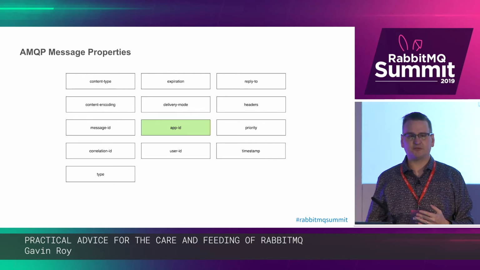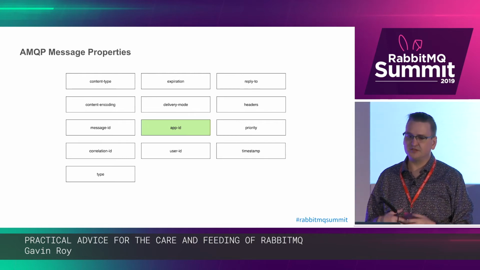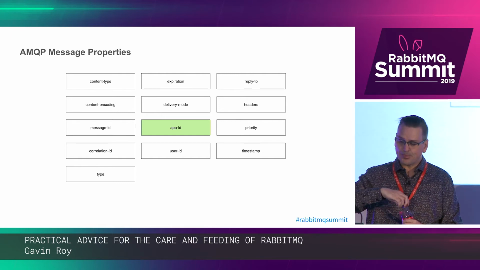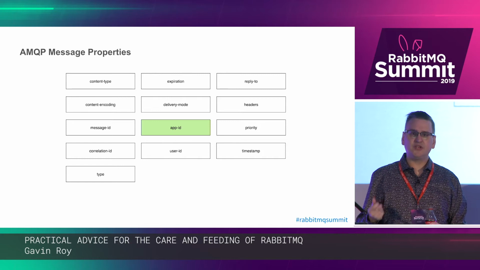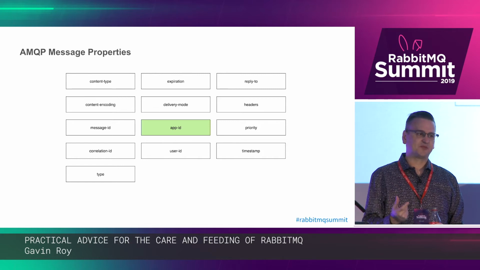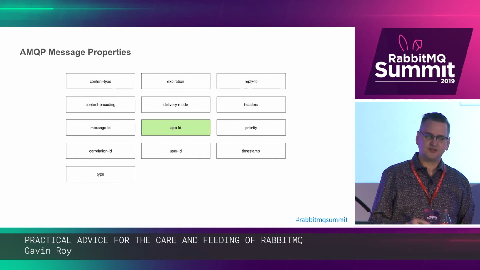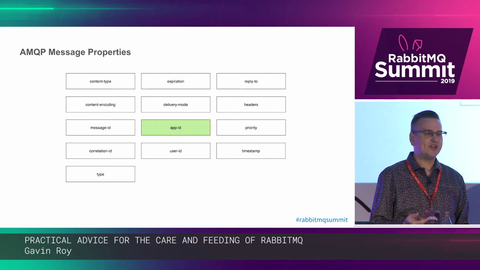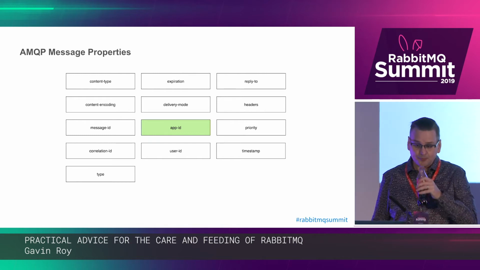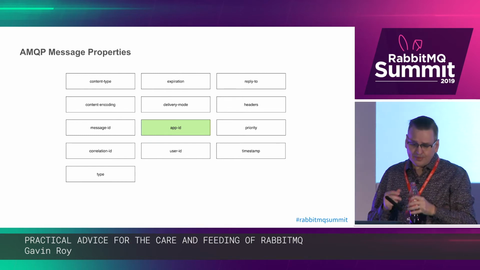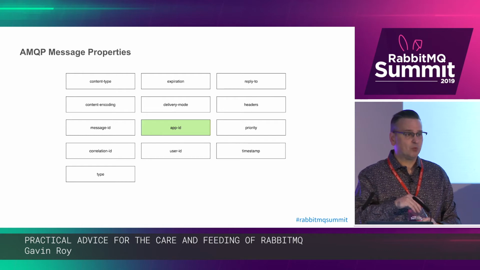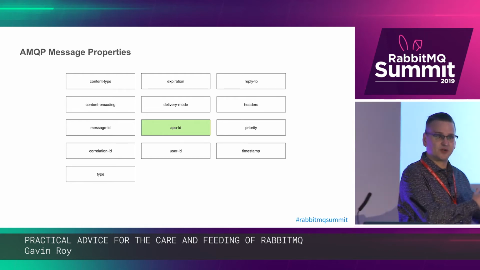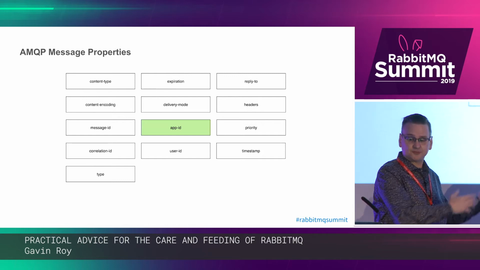They may not be at first blush, and they may not be to the developer when they're writing the application. But one of the really keen things about the flexibility in Rabbit is that you can start using your messages over time in ways that you didn't originally think about. So if that's the case, why not future-proof and provide as much context as you can in the built-in data structure that describes the message?